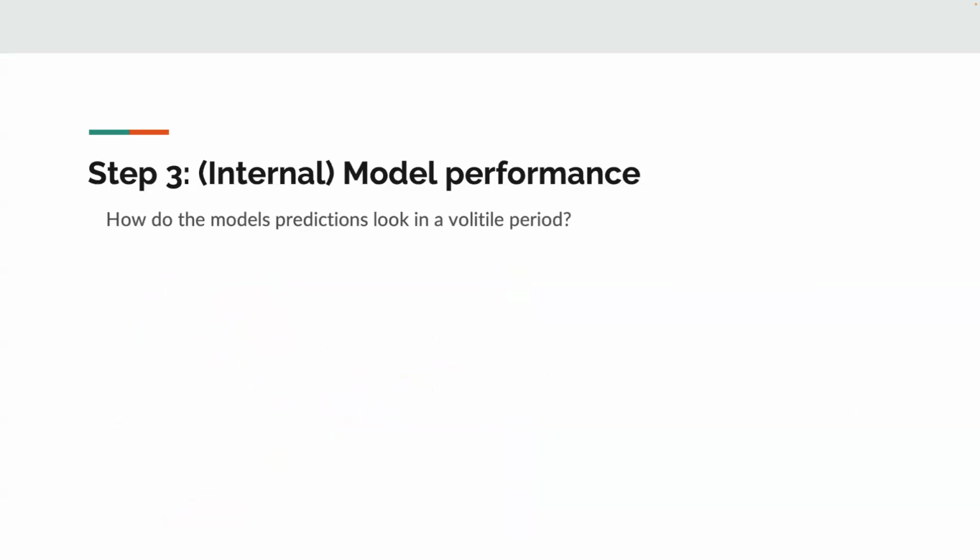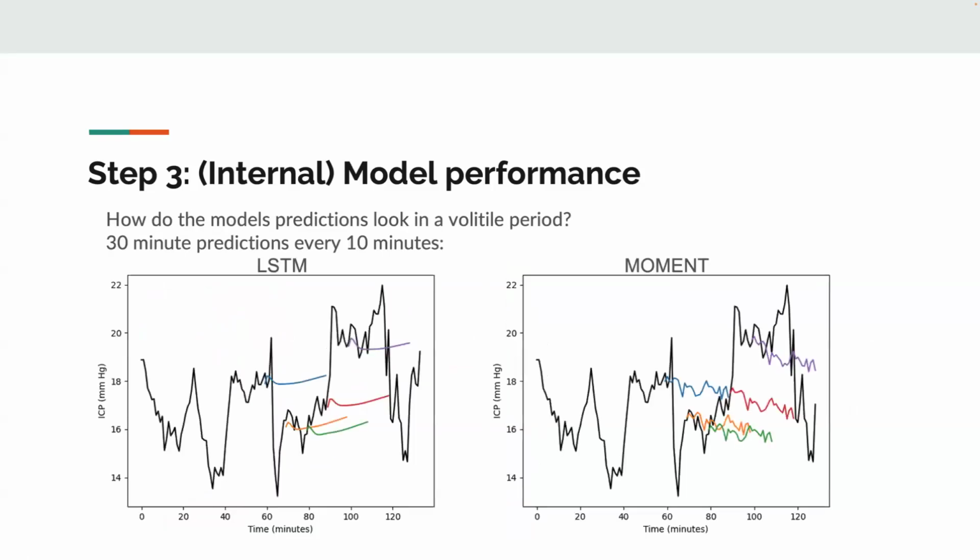So what we can also do is look at the predictions for a specific volatile period. And maybe that will give us an idea of how these predictions actually look and why they are not working. So what we did here, we made these 30-minute predictions every 10 minutes for the LSTM and the moment model. If we start at the LSTM, they kind of look the same, but each color is a new prediction after 10 minutes.